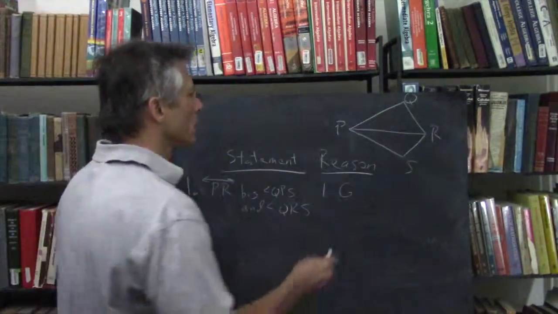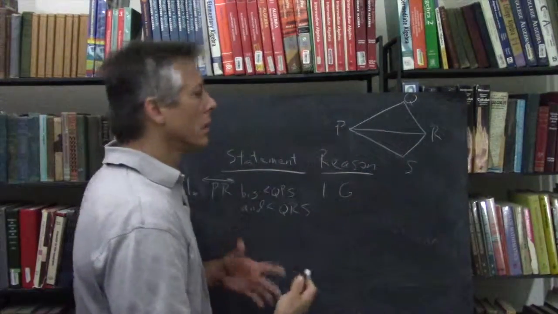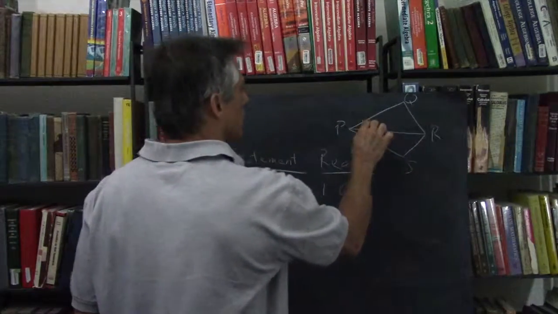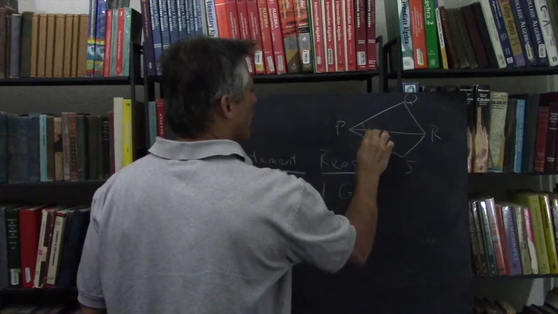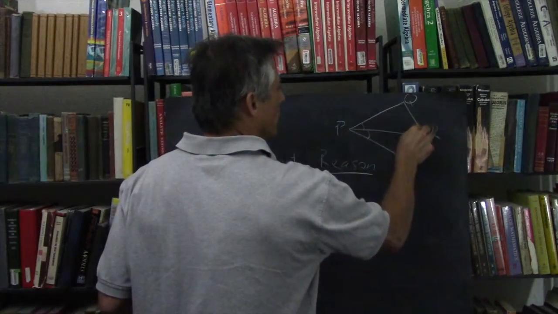Now we'll go ahead and mark that. The consequence: since it's a bisector, by definition, it cuts this angle in half into 2 equal parts. And this angle is cut into 2 equal parts.